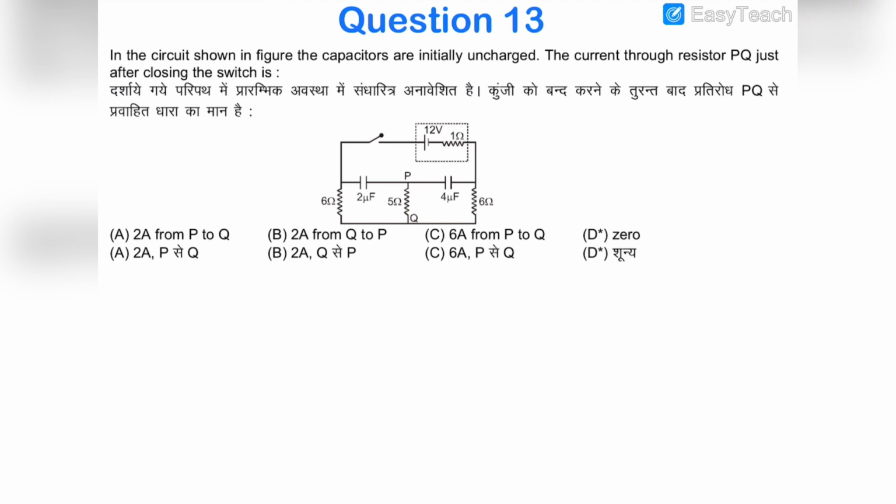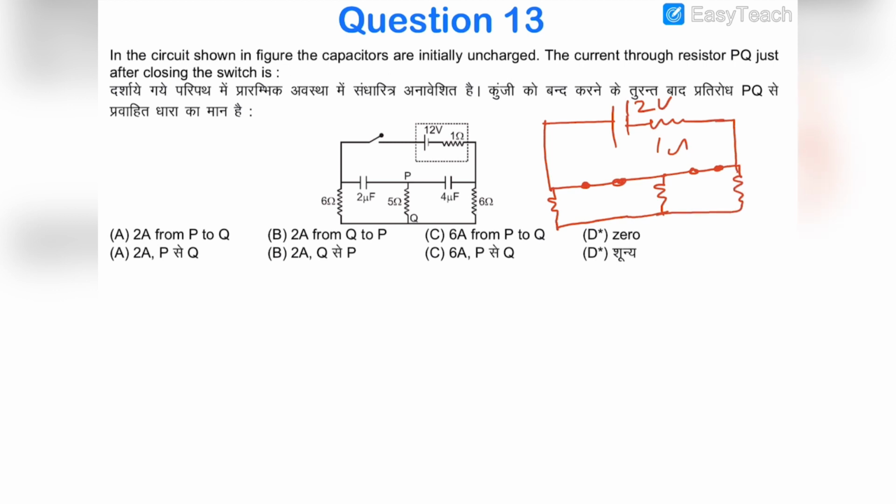So let us draw the scenario just after closing the switch. So we know that as soon as we would close the switch, all the capacitors would be short circuited, and this would be the scenario. Like that. This is 6, this is 5, and this is 6.